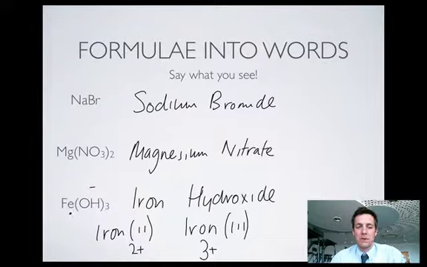There's 3 of them here with this ion, so this must be adding up to 3 minus, so this one must be 3 plus. So the full name of this compound is iron 3 hydroxide. But once again, you're just saying what you see there, but with this one you've got to figure out which of the 2 possibilities it is for iron and actually state it.